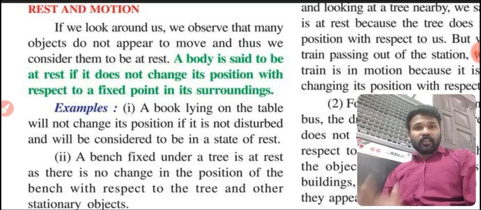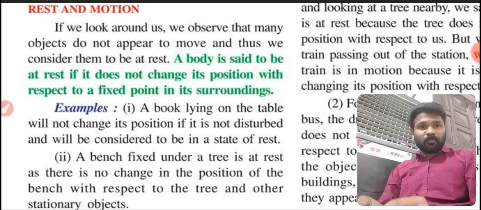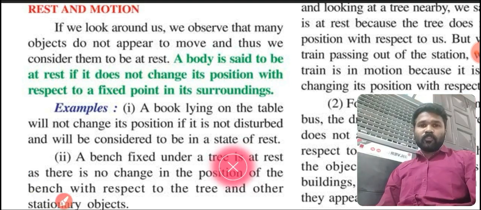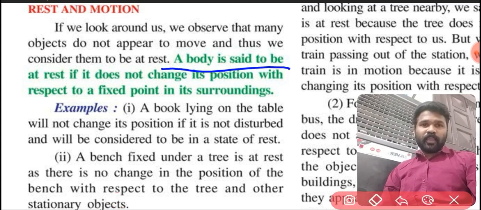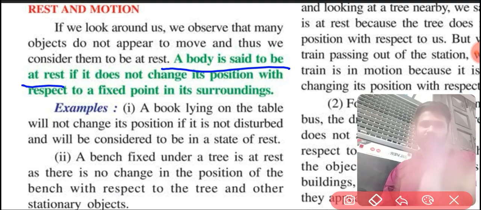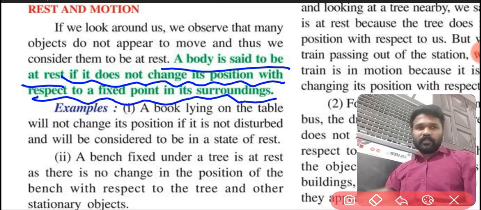A body is said to be at rest if it does not change its position with respect to a fixed point in its surroundings. Students, we can make a definition here for rest.